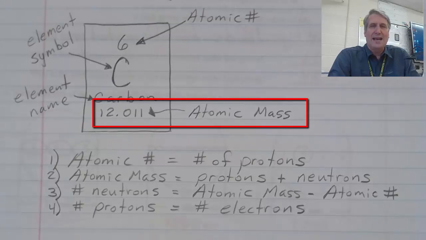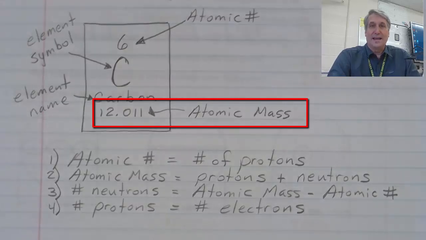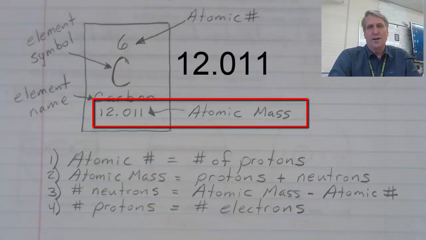So the atomic mass is an average of all of these different types of carbon. At this level of basic chemistry, we are always going to round off the atomic mass to the nearest whole number. So in the case of carbon, 12.011 would be rounded off to 12.